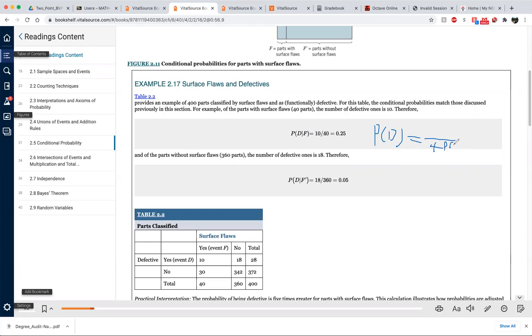And the numerator is not 440, but 28, the total number of outcomes in event D, defective. So just 28.